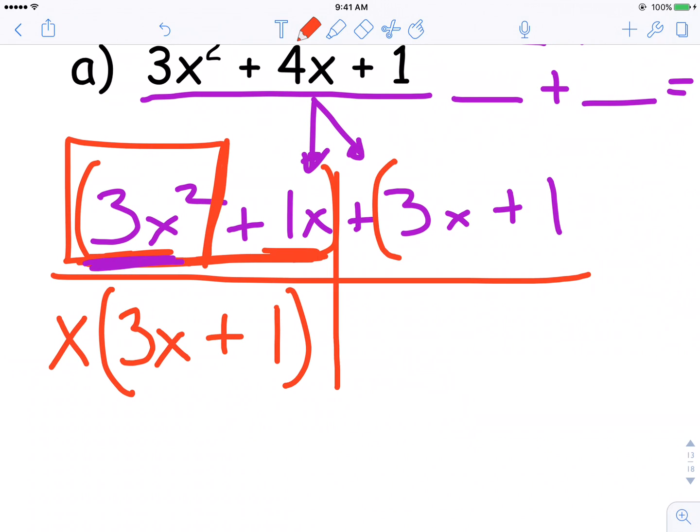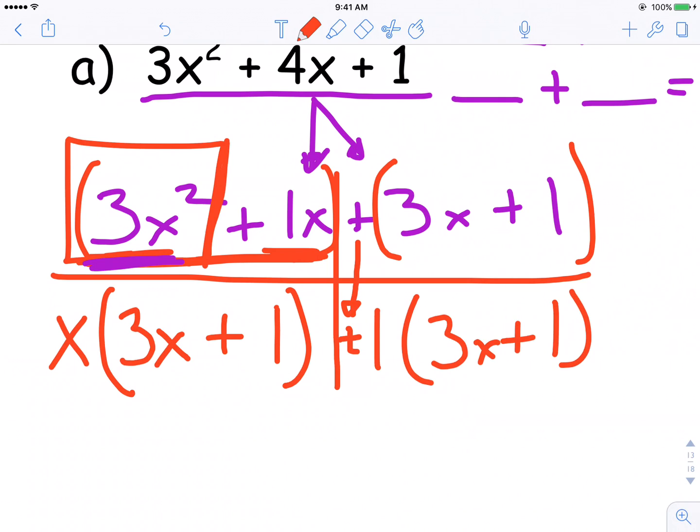What is the greatest common factor between 3x and 1? There is nothing except 1. In this case, I actually take out a 1. If this is a plus here, this also becomes plus. Take out a positive 1. What am I left with? It doesn't change, 3x plus 1.